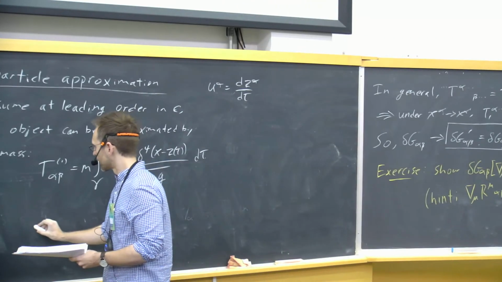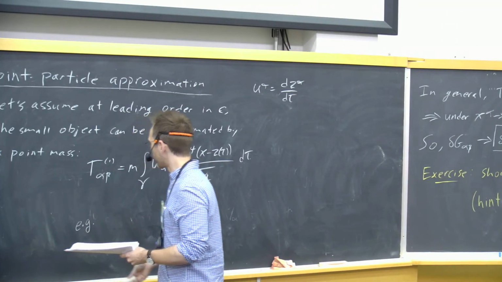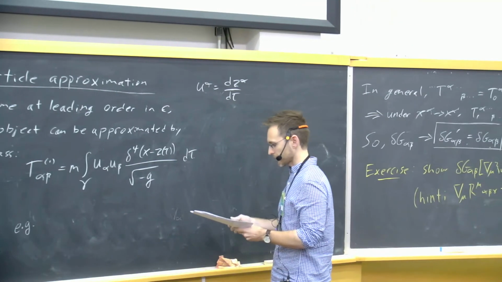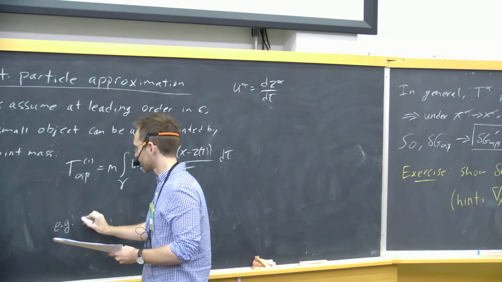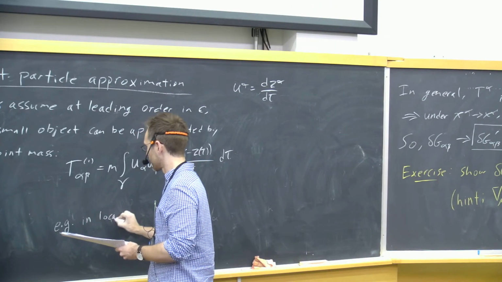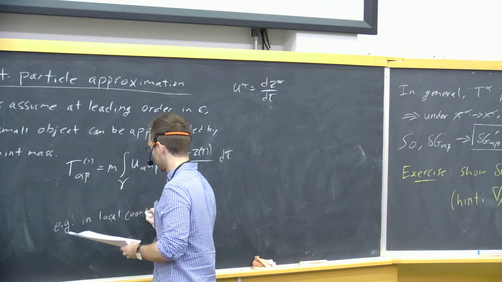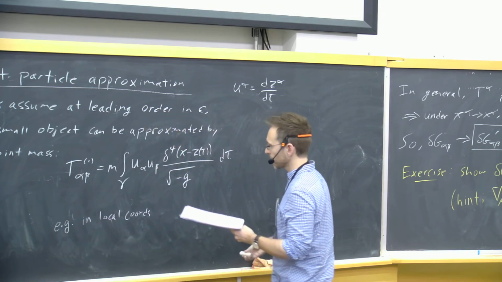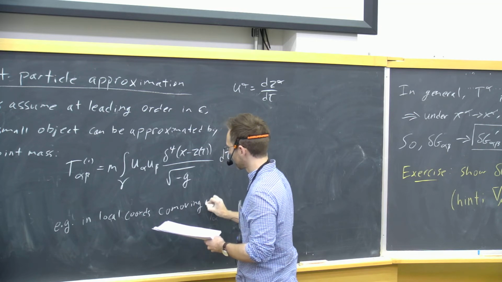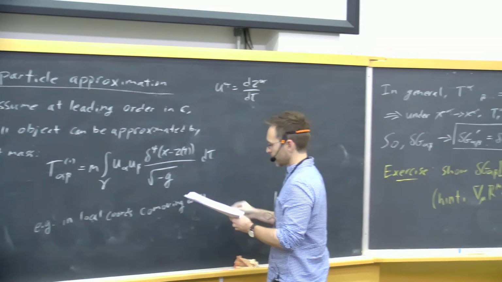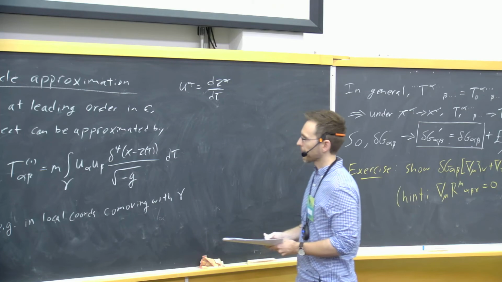So to see why this is the stress energy tensor of a point particle, you can write this in local coordinates co-moving with gamma.